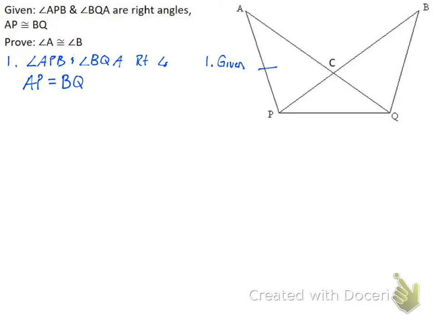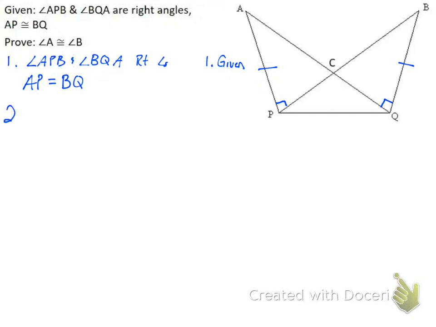And then I want to prove that APB and BQA are both right angles. Don't really look like right angles, but whatever.